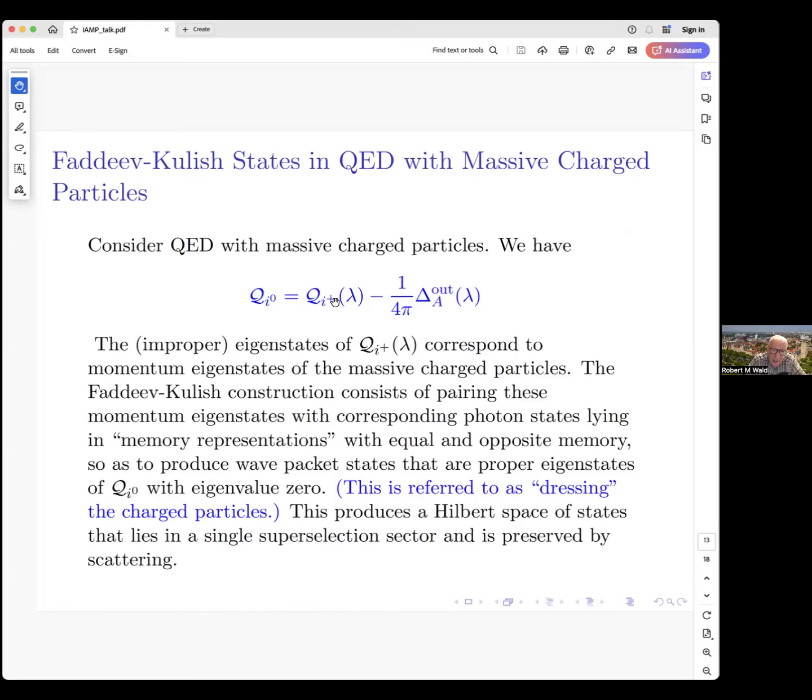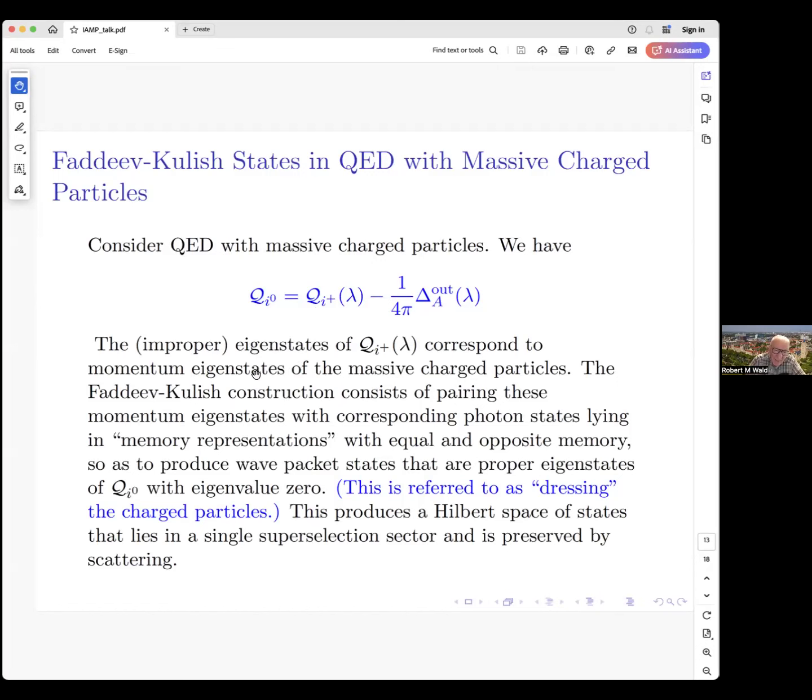But the eigenstates of the charge at timelike infinity, well, there aren't any proper eigenstates, but the improper eigenstates, so to speak, are just the momentum eigenstates of the massive charged particles. As I said, this really only depends on the Coulomb field of the massive charged particles at asymptotically late times, and what their Coulomb field looks like at null infinity just depends on their momentum.